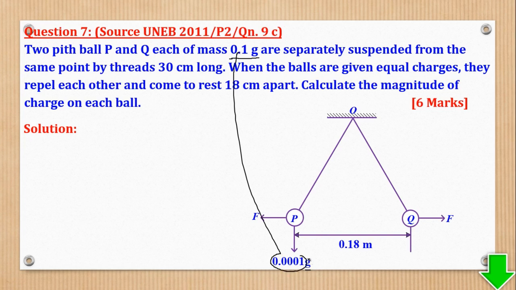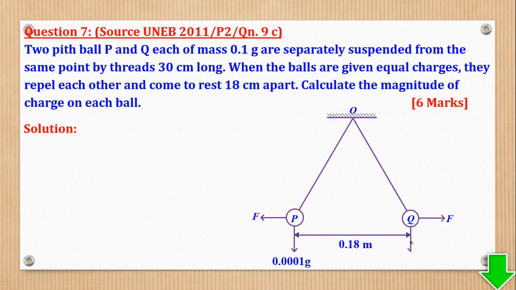Now this g is not the same as this G. It's not the same. I think you realize that here there is a space between the values, but here there is no space, meaning this one means acceleration due to gravity. So if it was a unit, there will be a space in between, but because there is no space in between, it is no longer a unit. It is acceleration due to gravity.